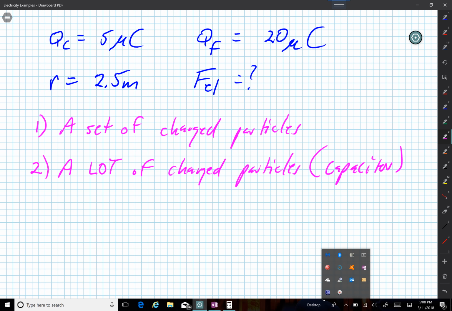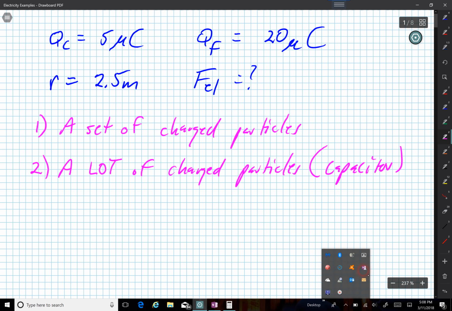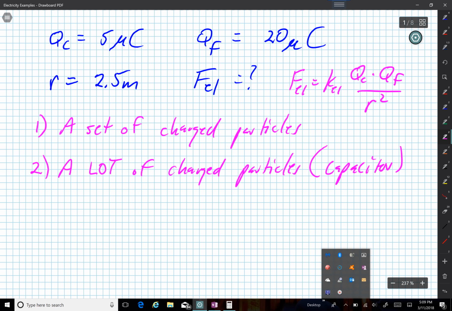So anyway, here we have a set of charged particles, and so we know the equation for that. It's Coulomb's law. Coulomb's law says the electric force is the electric constant times QC times QF over R squared. So that's clearly what we need to do. We have the information. You can do this kind of thing, and actually I would encourage this.